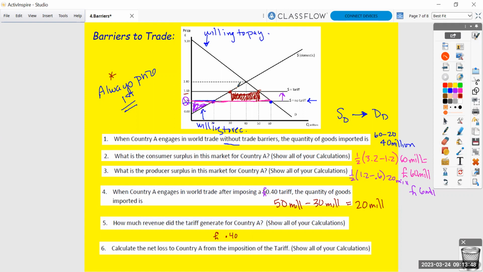Well, it's not on the 30 million and it's not on the 50 million. It's only on what is being imported. So I'm gonna take that 0.4 and I'm gonna multiply it by my 20 million, and I'm gonna get 8 million pounds.